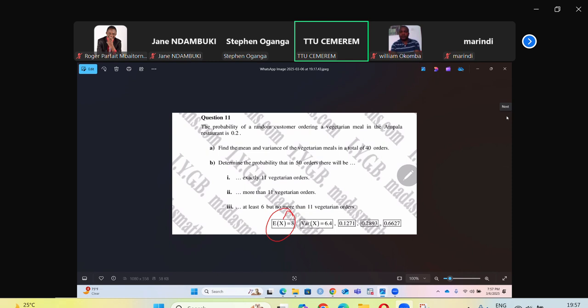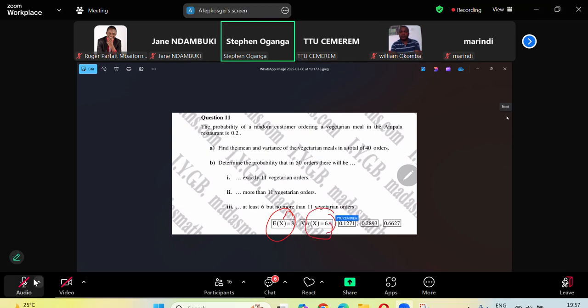What about the variance of X? It will be 0.2 multiplied by 40 multiplied by 1 minus 0.2, which will give us 6.4.